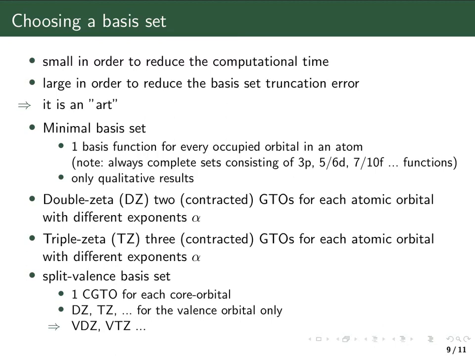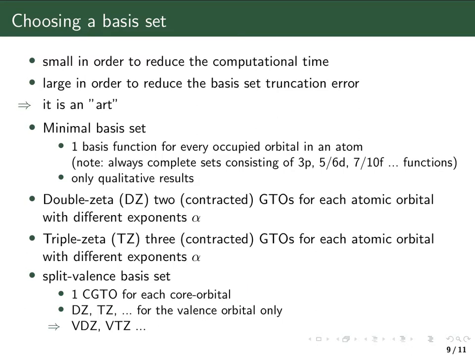So this led to the idea of what is called a split valence basis set. That means that for the core orbitals, carbon, nitrogen, oxygen, fluorine would be 1s. For silicon, for example, that would be 1s, 2s, and 2p. One only uses one contracted Gaussian function for each core orbital.